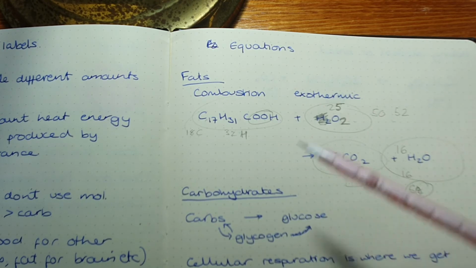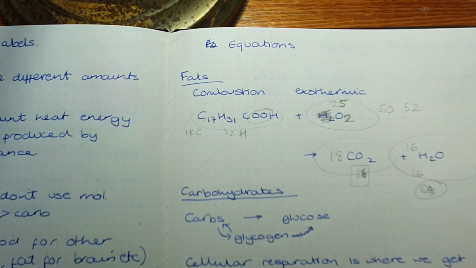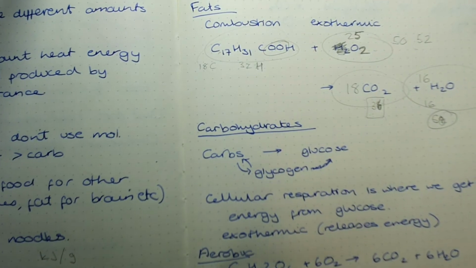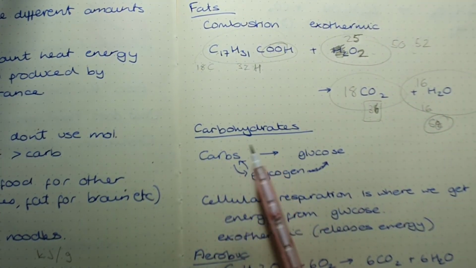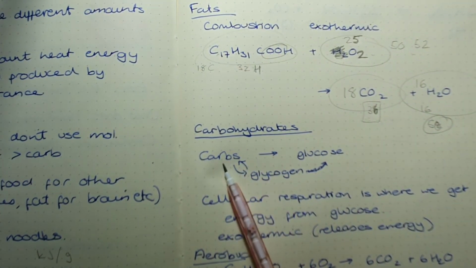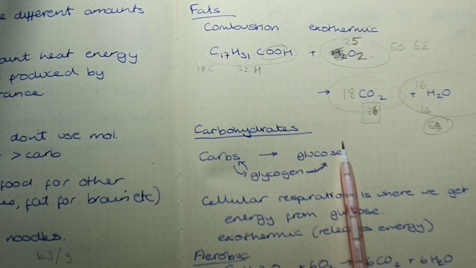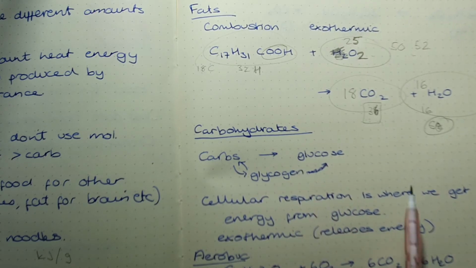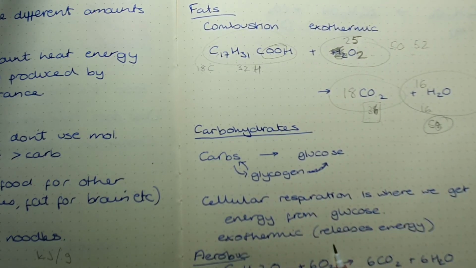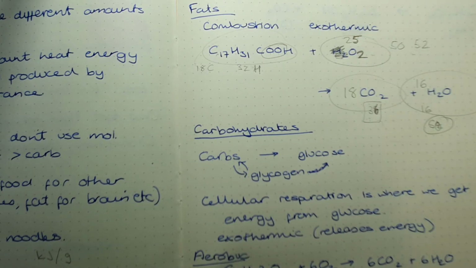Right, so carbohydrates. This is the one that's the actual dot point, but we have to include fats because I feel we have to include fats. So we eat our carbohydrates. They're either stored as glycogen that goes back to carbs and becomes glucose, or they go straight to being used as glucose, and that's where we're getting our energy from. It's called cellular respiration.